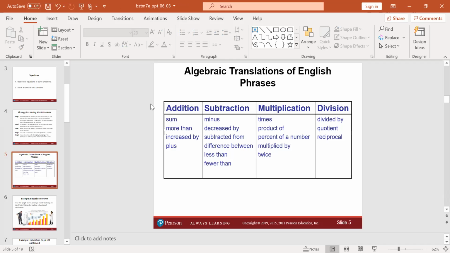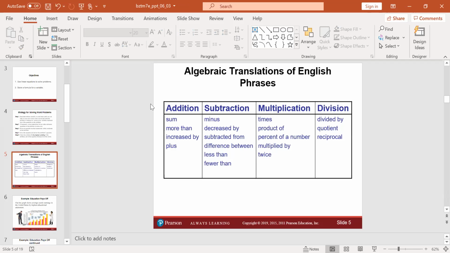For subtraction, the word minus. If you say 3 minus 4, 17 minus 5, you're thinking of subtraction. You're thinking of subtracting the second number from the first number. Decreased by, if you decrease one value by another, you're doing subtraction. Of course, the phrase subtracted from should make you think of subtraction.